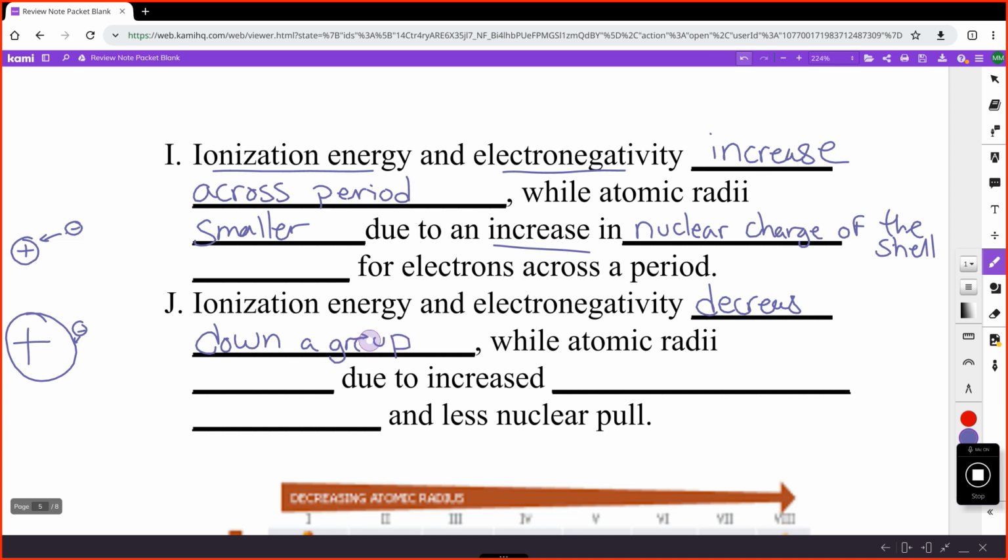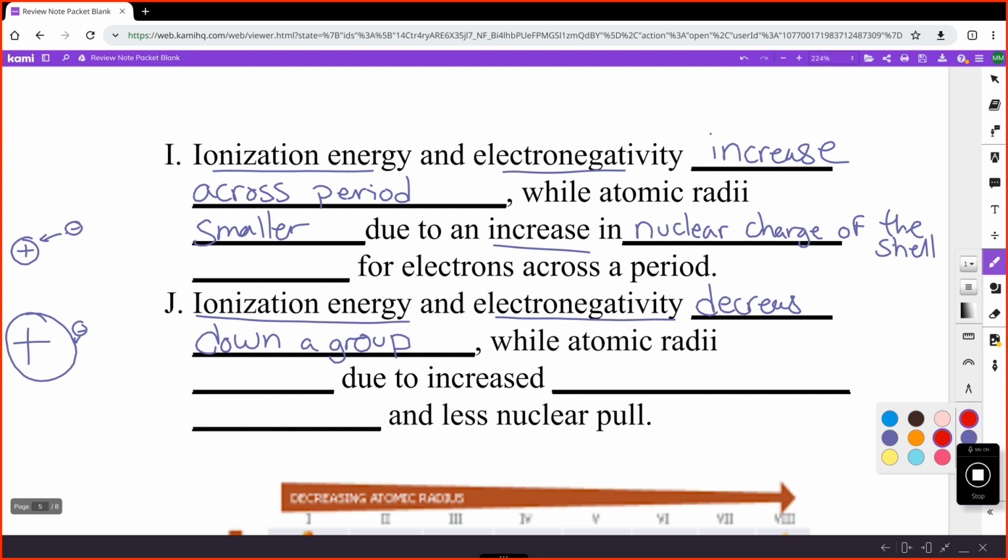So as we go down the periodic table, atoms become easier to remove electrons, right? Lower ionization energy, and it becomes more difficult for them to gain new ones. Low electronegativity.